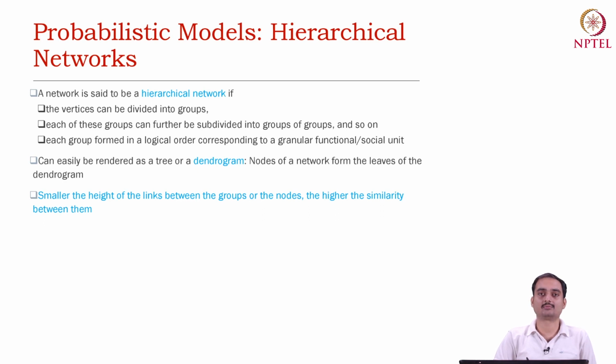SimRank was based on the idea of how similar the neighbors of the given pair of nodes are. In case of PathSim, we look at the heterogeneous graph and the meta paths, and the number of meta paths of certain types, and so on. So those metrics can also be used for link prediction.